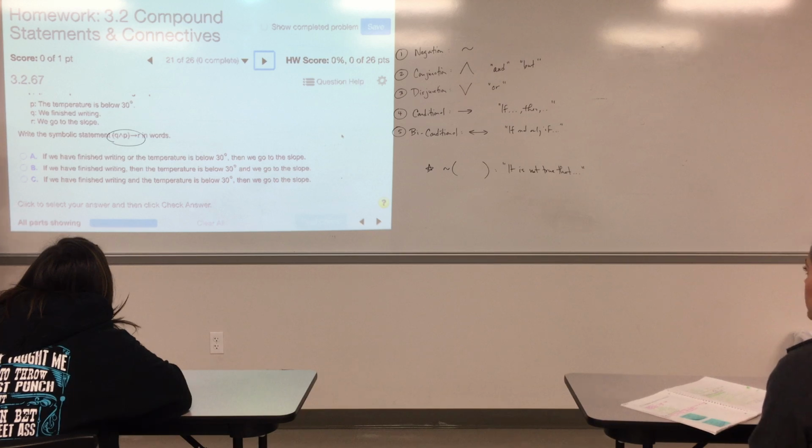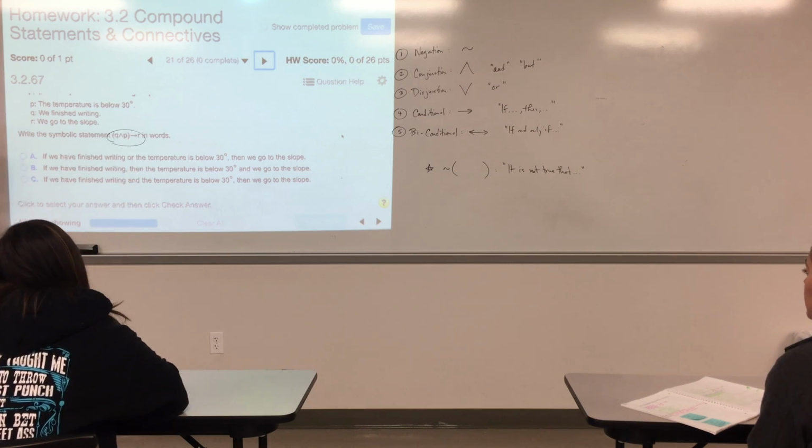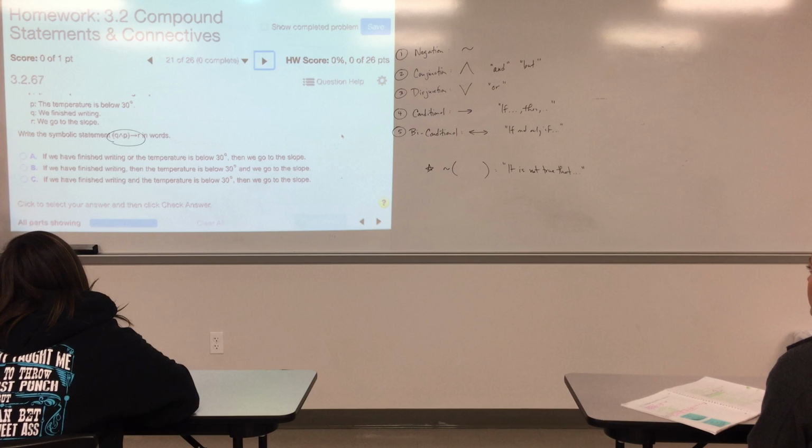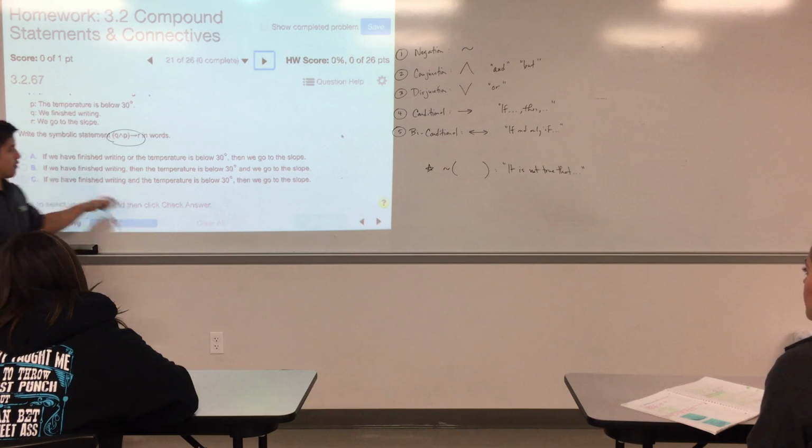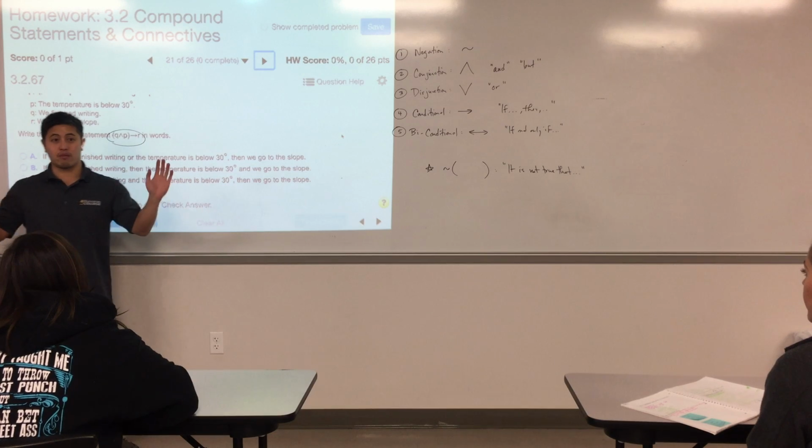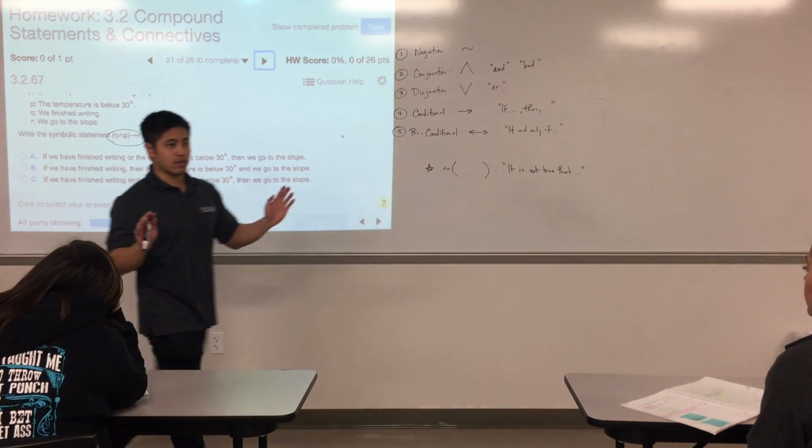Should this be a conditional statement? Yes. How do we know that? It's the arrow. So we should see an if, then. Are all these if thens? If, then. If, then. Yeah. If, then. They all seem to be good so far, right? You guys with me so far?